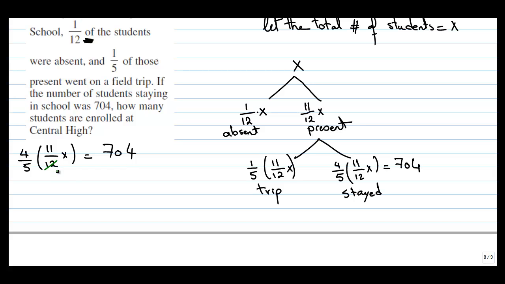This 12 over 4 is 3, over 4 is 1. Right? So I have here 11/5. Alright? So not 5, because 5 times 3 is 15. 11/15. Excuse me. Alright, X equals 704. So in this case, X will be 704.